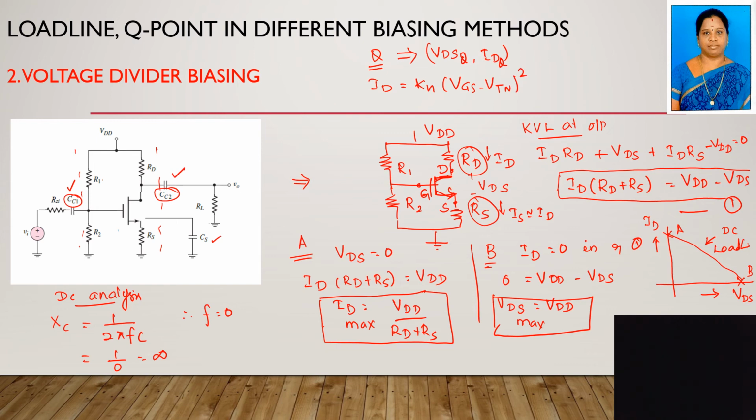VTN is the threshold voltage of the MOSFET transistor, and VGS is the voltage between gate and source.